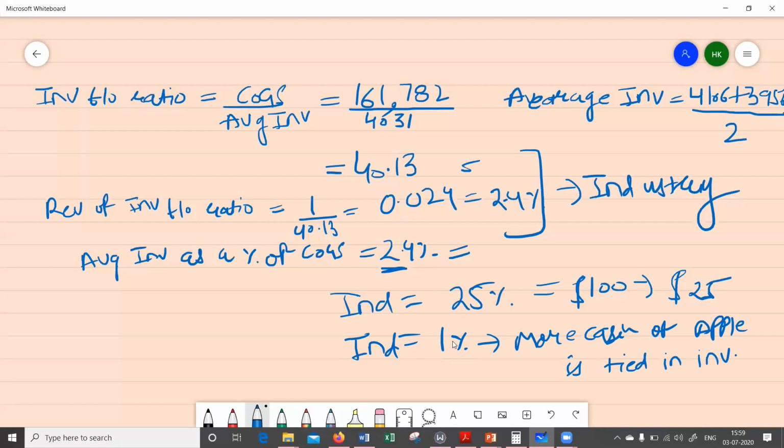So here, Apple could face working capital issues or current ratio issues because more of the cash of Apple is tied in the inventory, while the industry has committed less cash to the inventory, right? So this is what the inventory turnover ratio means.